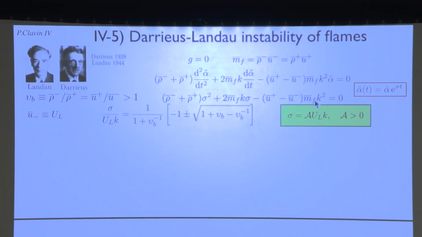And this positive growth rate takes this form here. It is proportional to the laminar flame speed and multiplied by the wave number, that is, the inverse of the wavelength.